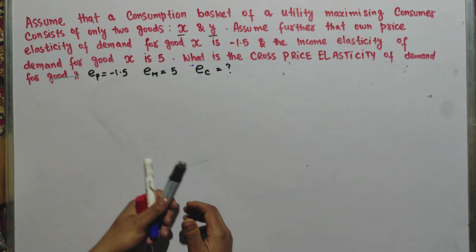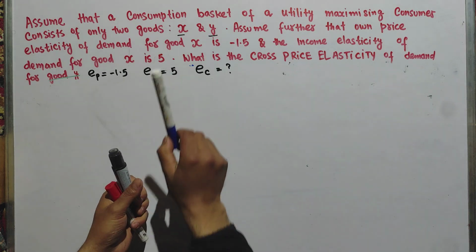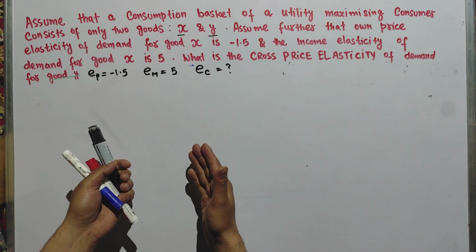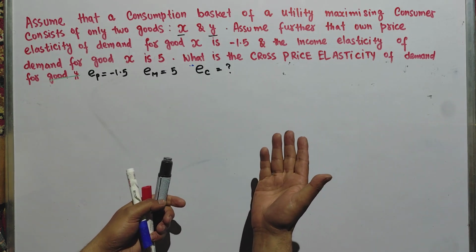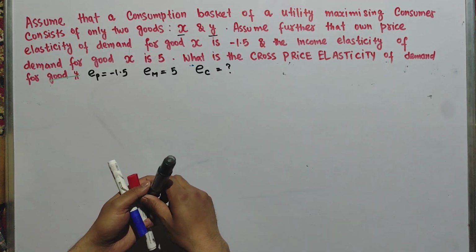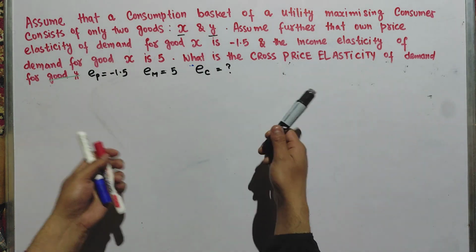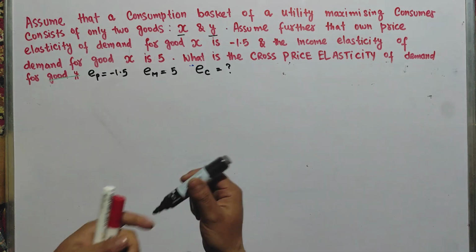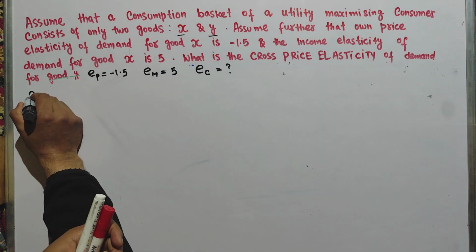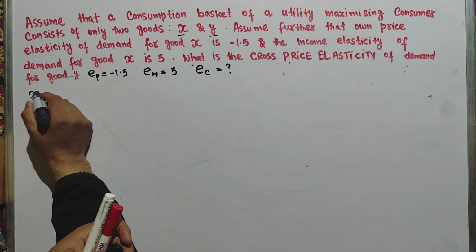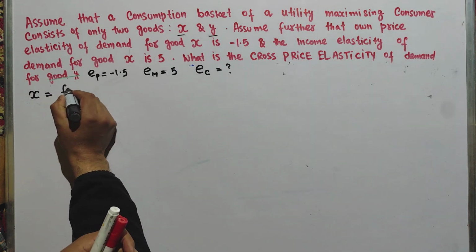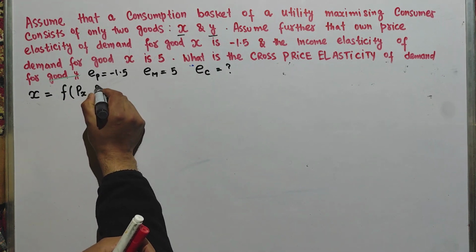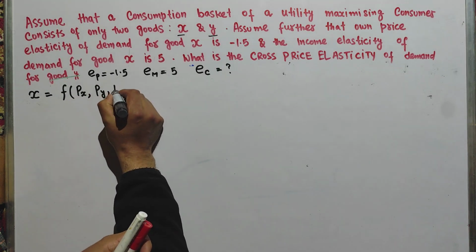Okay. So since the consumer consumes only two goods X and Y, first we need to find out what the demand function of good X is here. Three things are here: the price of good X, the price of good Y, and income. When we have three things here, the demand function for good X will be, let us say, X, the demand for good X, is a function of three things, that is price of good X, comma, price of good Y, comma, income.